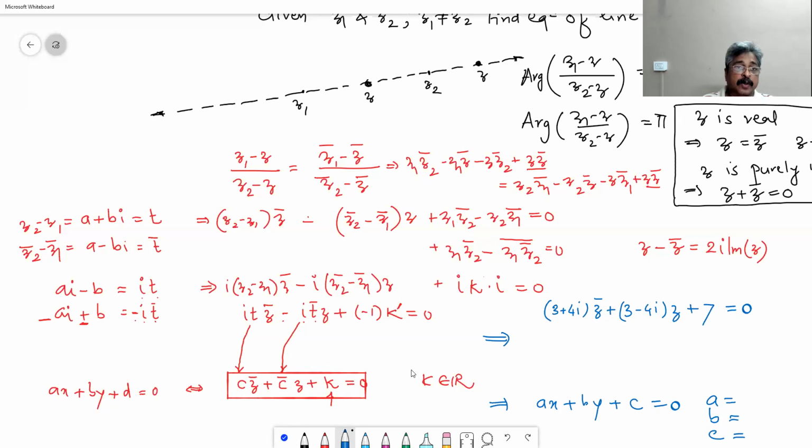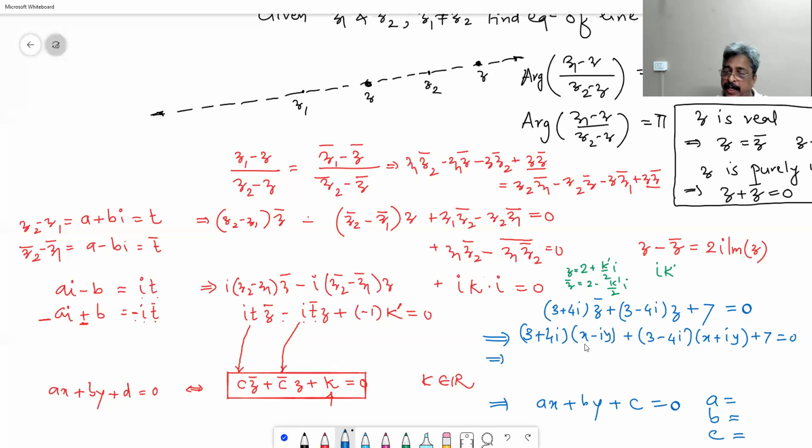Correct. 3 plus 4i times x minus iy plus 3 minus 4i times x plus iy plus 7 is equal to 0.